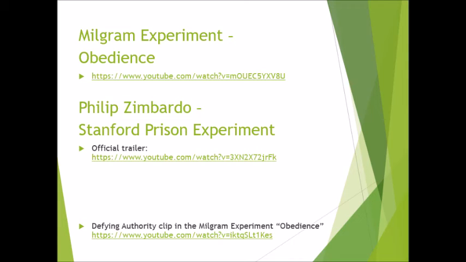Zimbardo also talks about how he himself was manipulated within this experiment. He adopted the role of the warden, watching all of these things happening, and because he too was excluded from the rest of the world, he was getting really into it: well, now these guys are doing this to these other guys, and isn't this interesting? And he's no longer thinking of them as humans, as people.